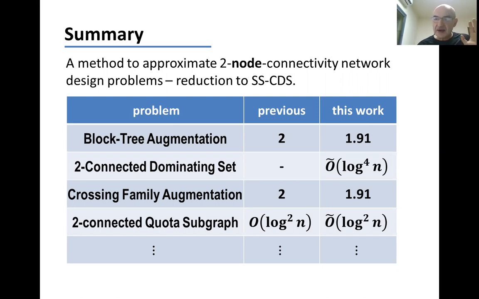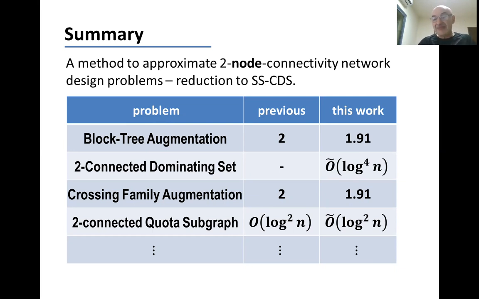And there are some additional problems in the paper that essentially use the same method. There is a crossing family augmentation problem, and there is the two connected quota subgraph problem, for which there are tilde O of log squared n approximation algorithms.